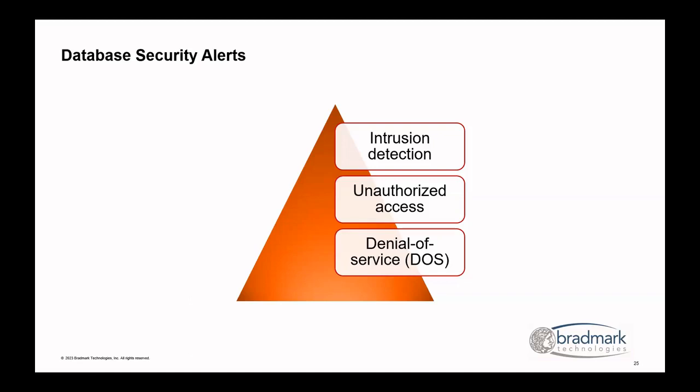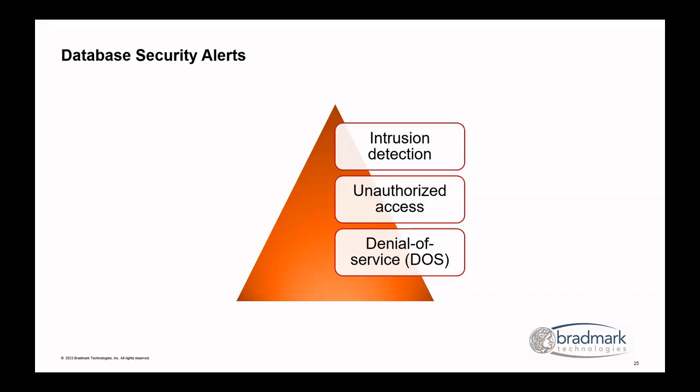Whereas with unauthorized access, that's a much wider area of attack surface where there's commands, there's objects, there's all sorts of DDL related items and permission related items to deal with. And then denial of service, there are a gazillion ways for an attacker to bring your database to a screeching halt or to cause problems. So it's just the widest attack surface possible. And obviously there are different levels of value to these different items.